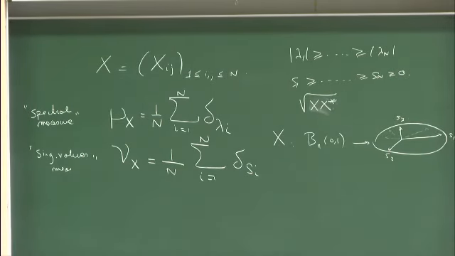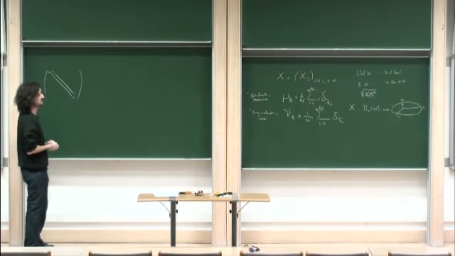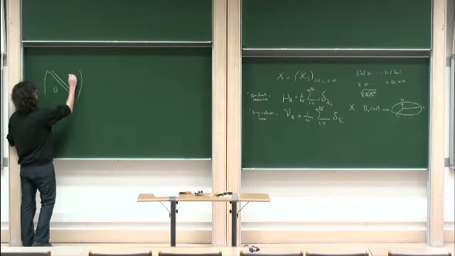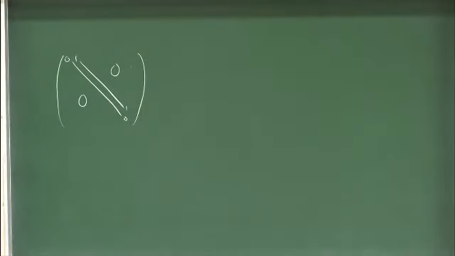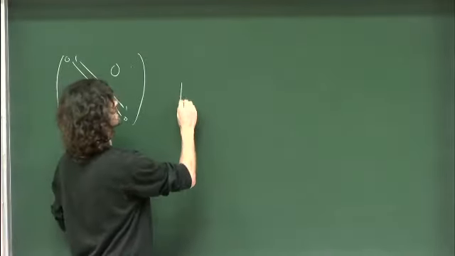So to motivate the sequel, let us look at, for example, this matrix. This is a very famous example, mentioned in half of the introductions of talks on non-Hermitian random matrices. Look at this matrix. This is a nilpotent matrix, so all the eigenvalues are 0.